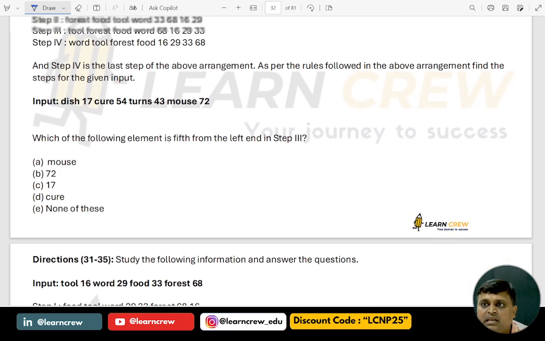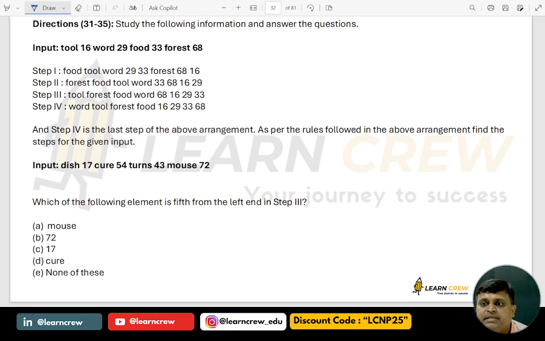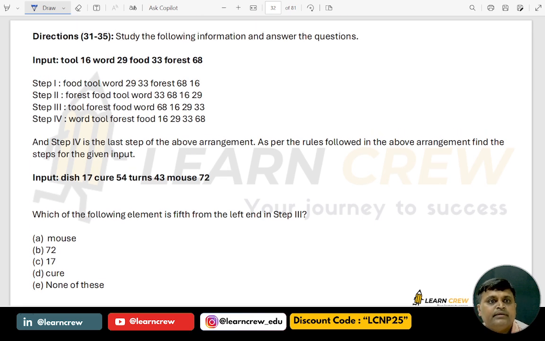Next, now let us see the question based on input output here. Now the input is tool 16, word 29, food 33, forest 68. Now step 1 is given. First, food, tool, word 29, 33, forest 68, 16.